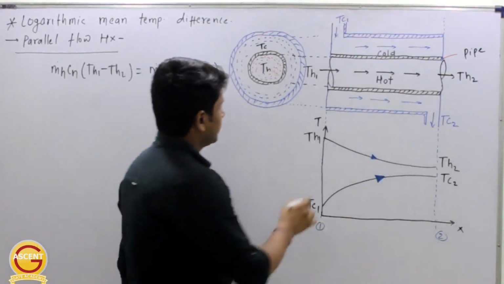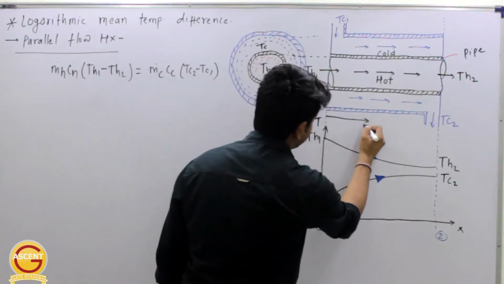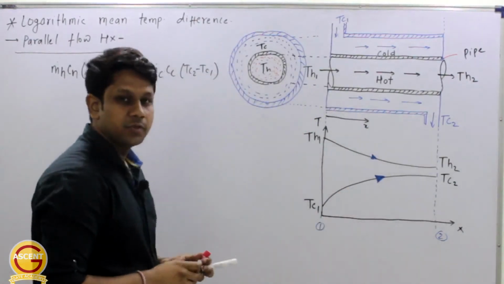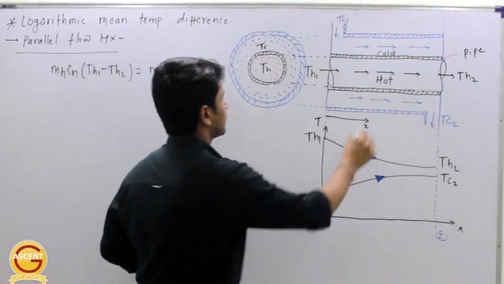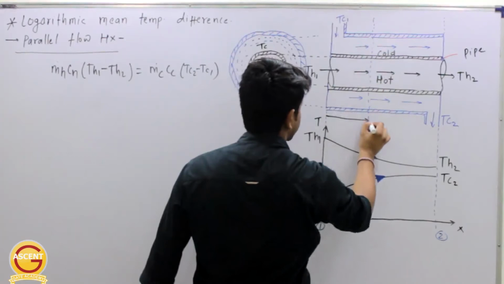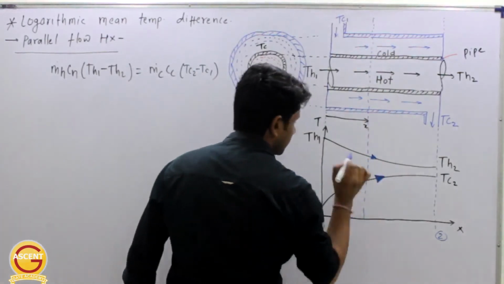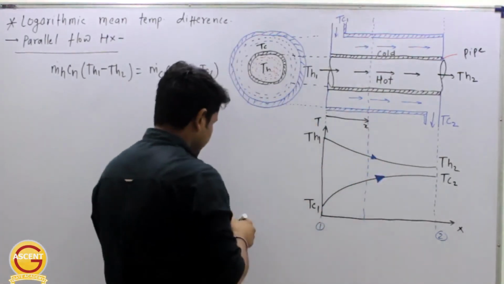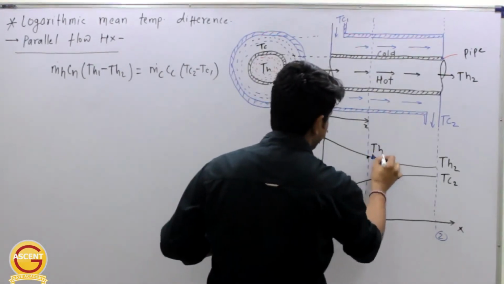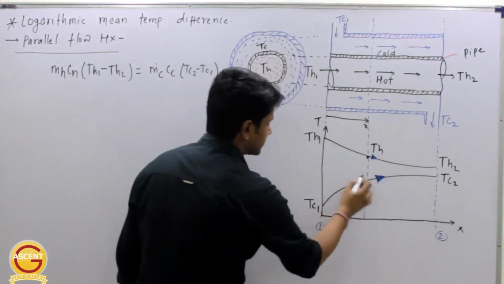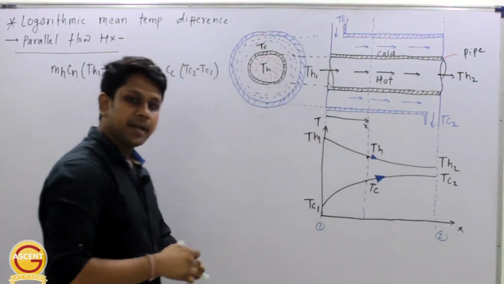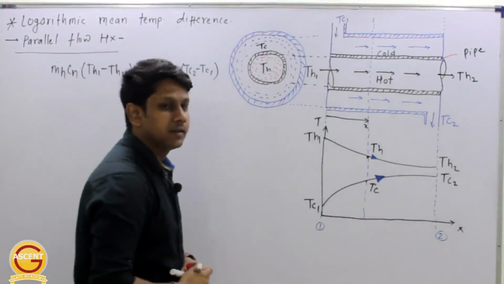Now if you take a distance x, so at any distance x, if you are taking a section, let's say this is a section we are taking at any distance x. So what are the temperatures at any distance x? Let us say TH is the temperature of hot fluid at any distance x from this inlet, and TC is the temperature of cold fluid at any distance x, right?